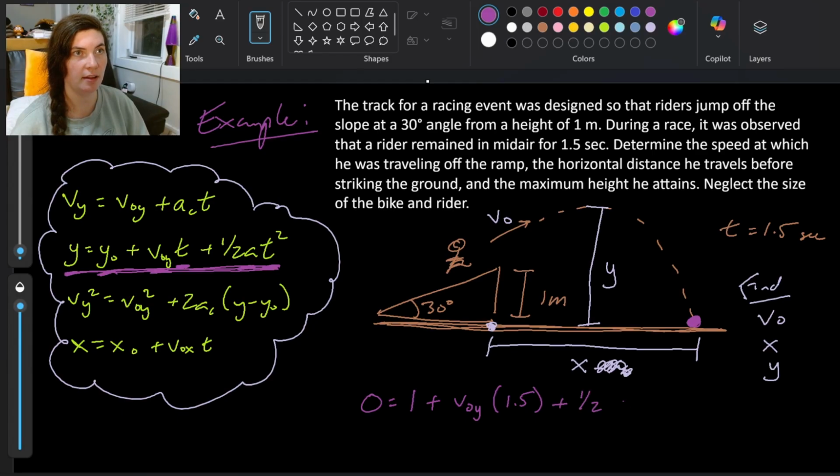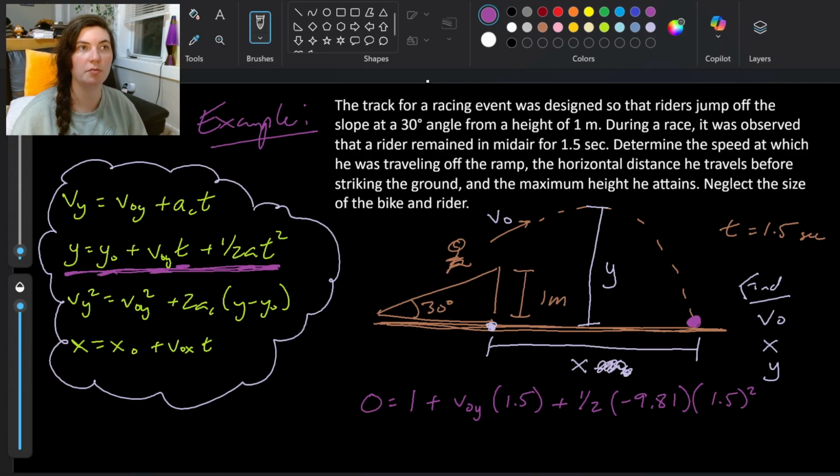plus 1/2 times acceleration. Remember to make your acceleration negative. We're working in meters and seconds here, so we're going to use our 9.81 value for gravity, negative 9.81, times time squared, 1.5 squared.